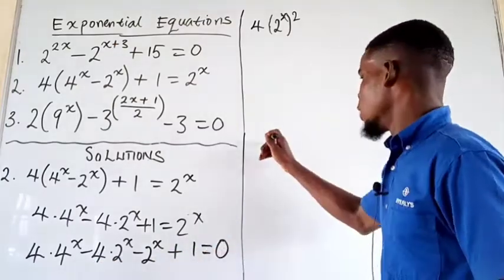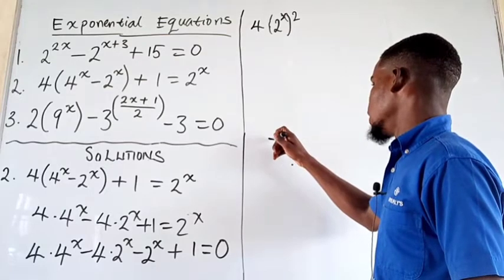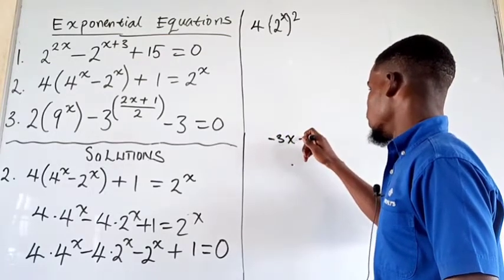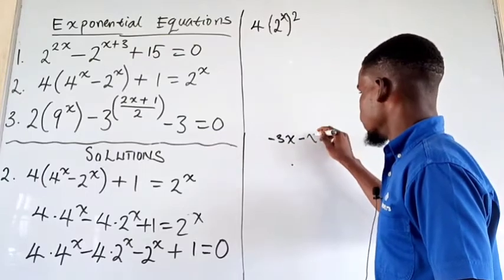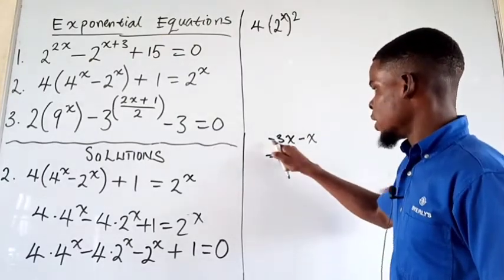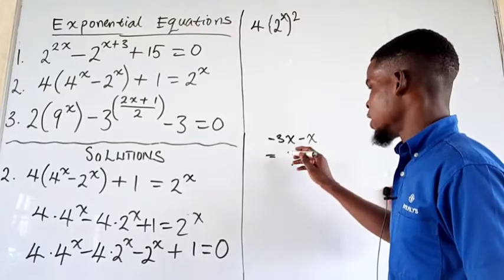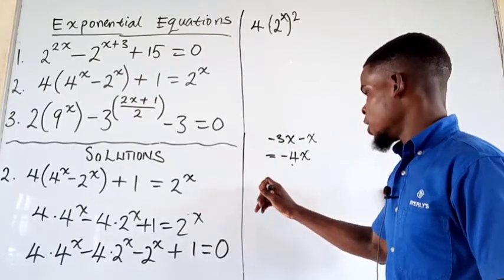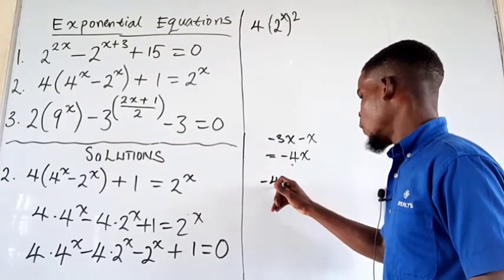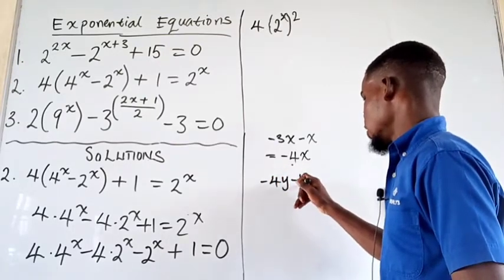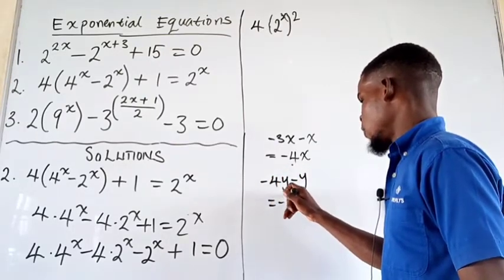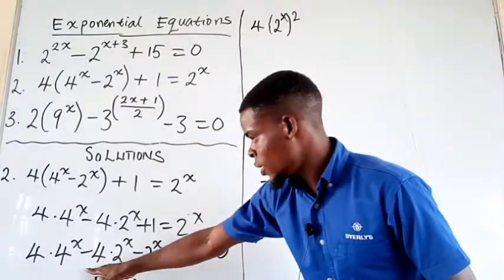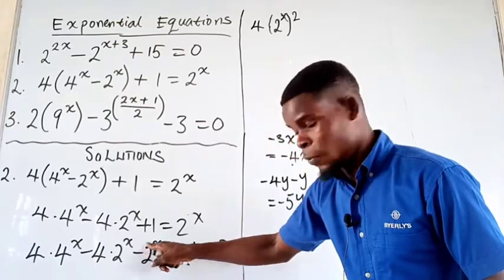Now, when you have negative, let's say negative 3x, minus x, what we end up with is negative 4x as an answer, alright? And again, if we have negative 4y minus y, all we will have is negative 5y. So why I'm using that is, this negative 4 is here, this is negative of 2 to the power of x.